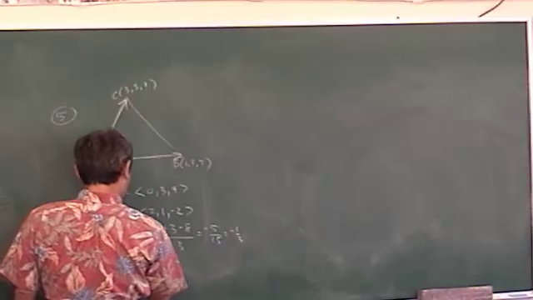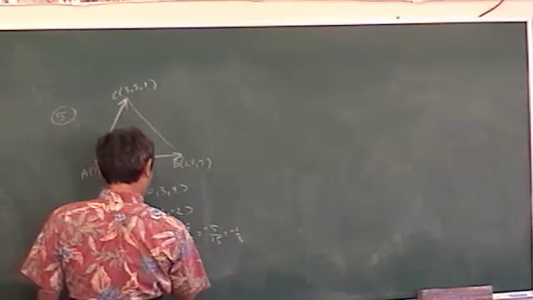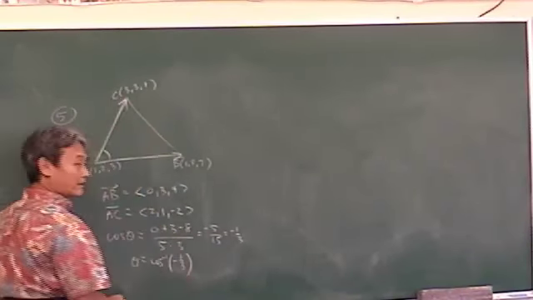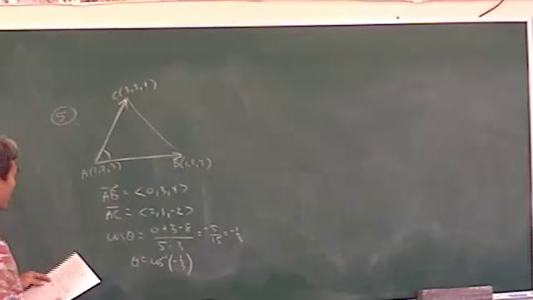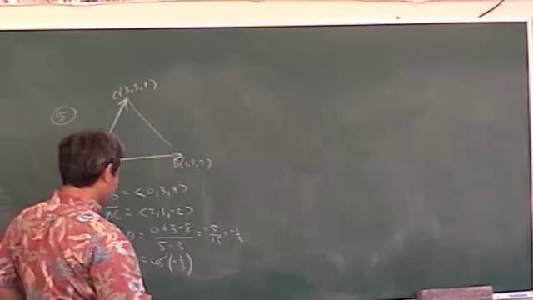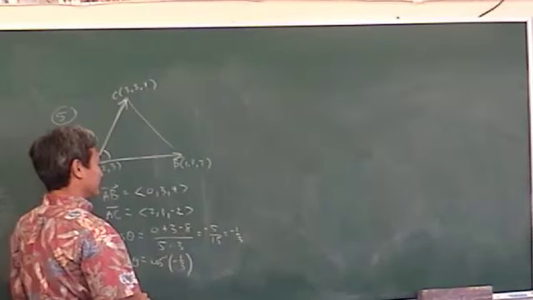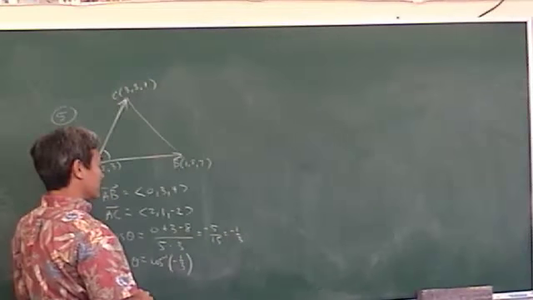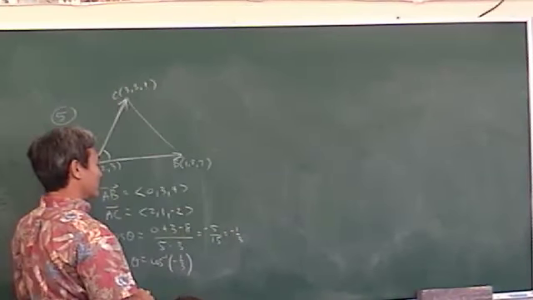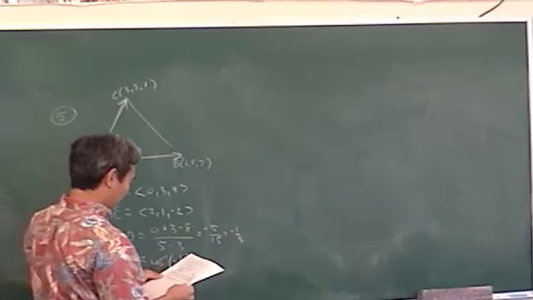So the angle is cosine inverse -1/3. You can just leave your answer like that, or you can punch it in. What does that negative mean? The angle is obtuse.